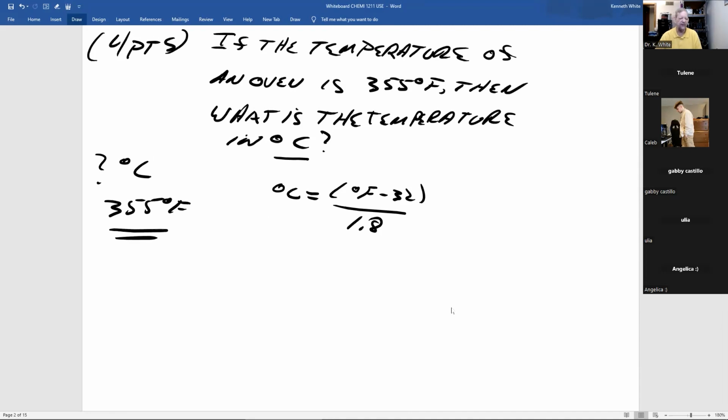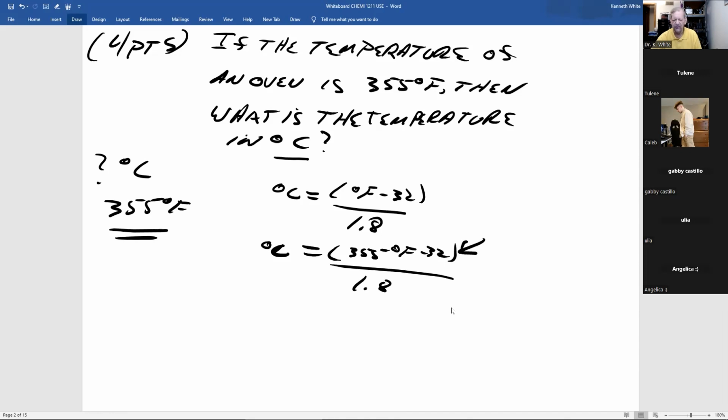We took the time to figure out what degrees F is. Put it in the formula.